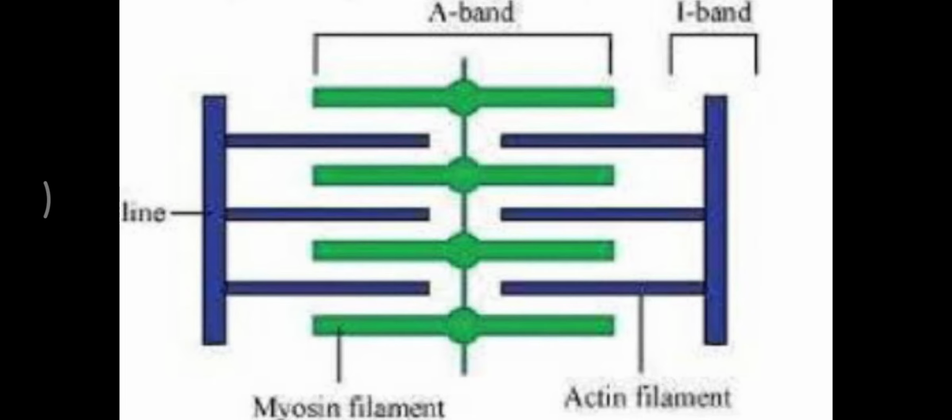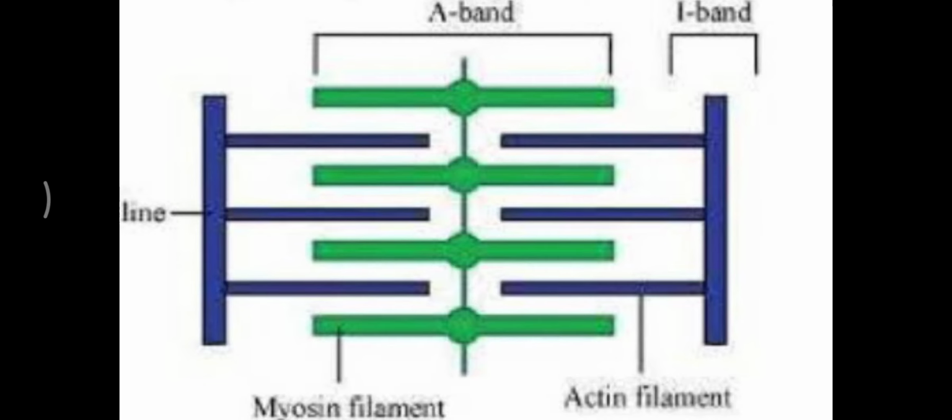You can see the thin filaments are shown by the actin lines, in blue color, and the thick filaments are myosin, shown in green color. So these are overlapping. The central portion which does not show any overlapping is called the H zone.